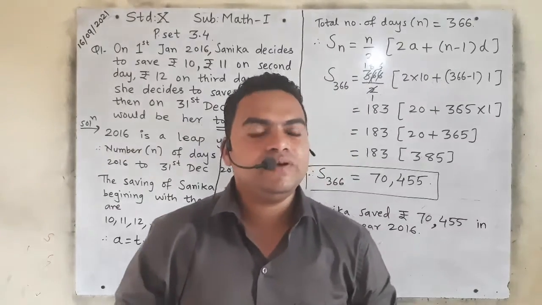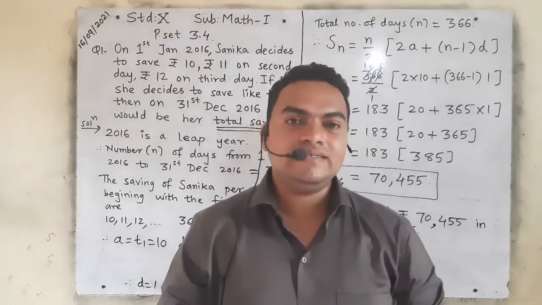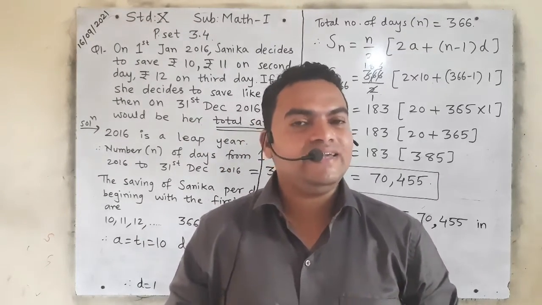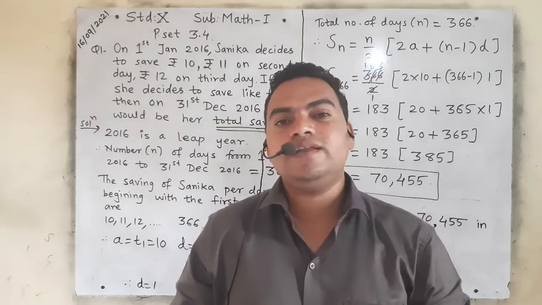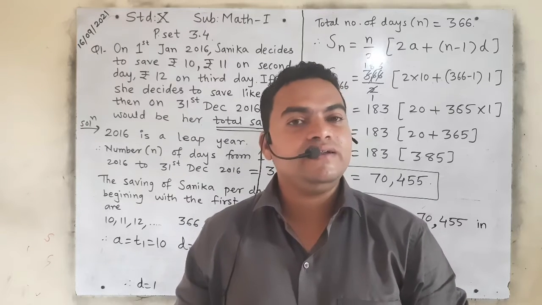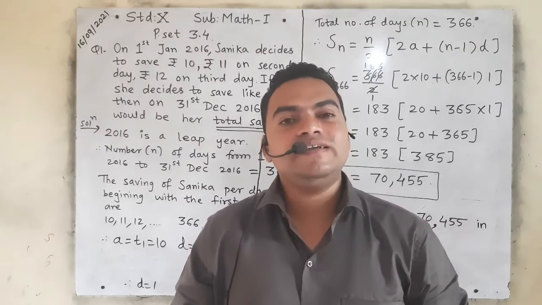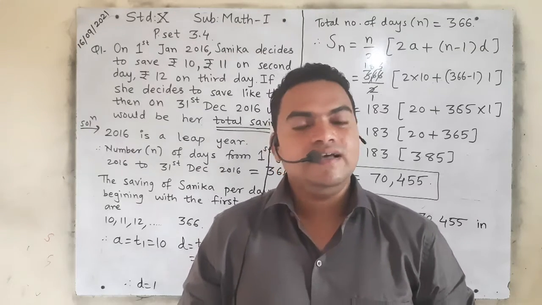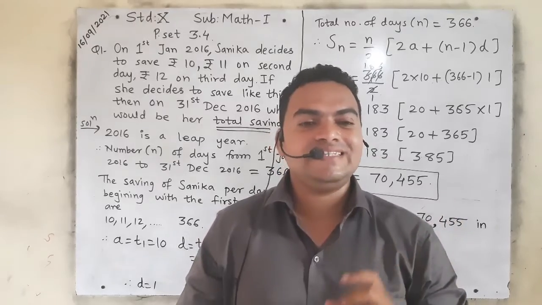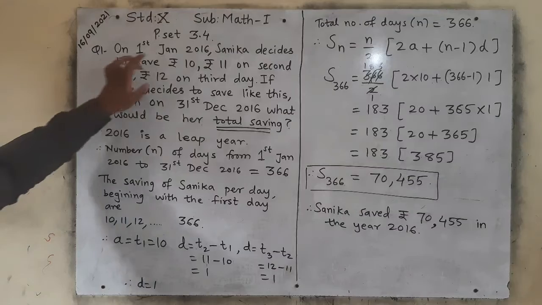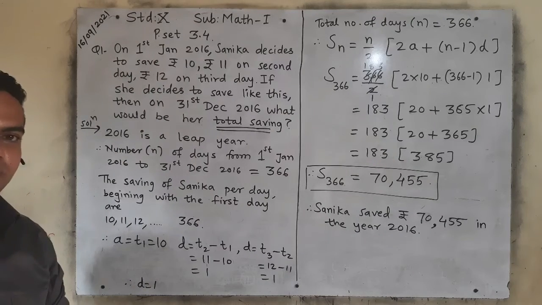In leap years the February month has 29 days, so automatically the total number of days in a leap year will be 366 instead of 365. Normal years have 365 days, but leap years have 366 days. So this 2016 is a leap year.